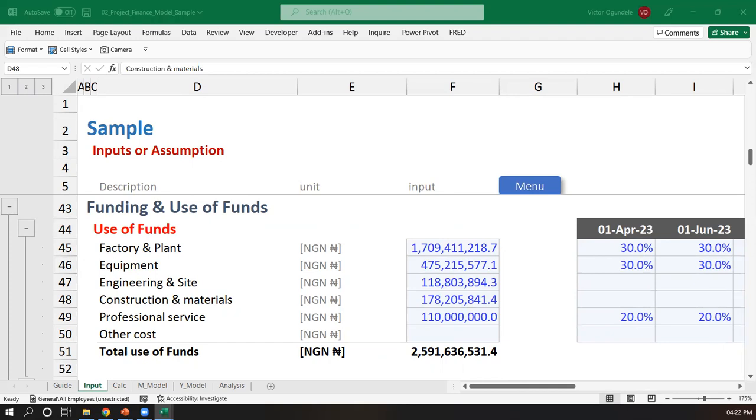But for project finance, it's not like that. Project finance is you list all your costs, then you also consider other costs, all the financing institutes that will help you in getting the funding, the charges, the fee, the management fee, the advisor fee, and the whole thing must always be part of the fund that you need.